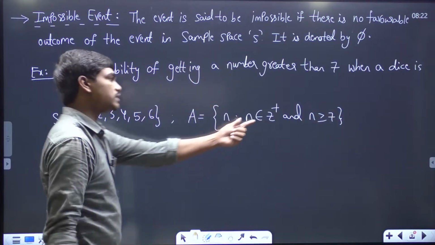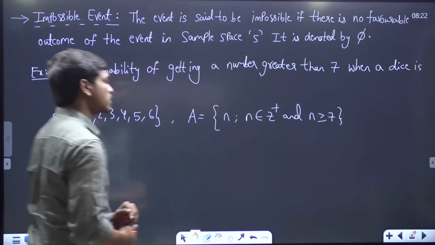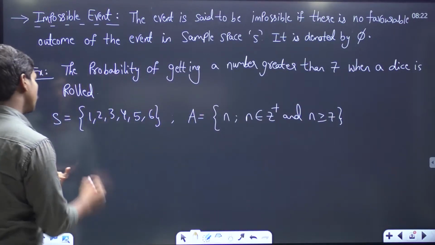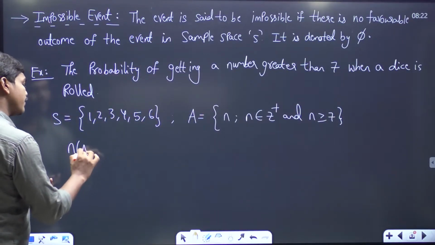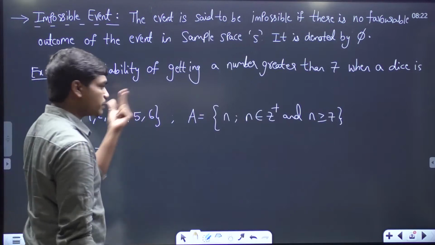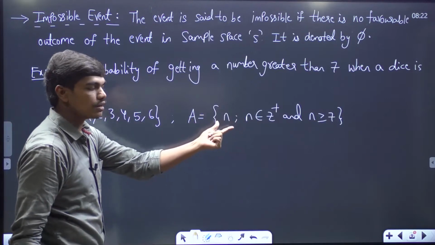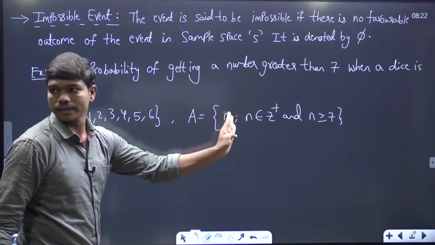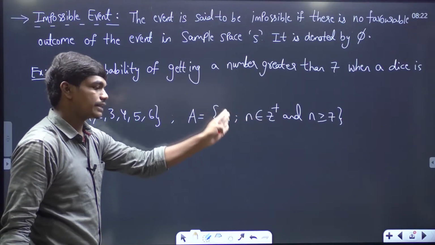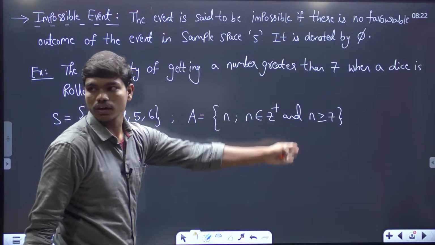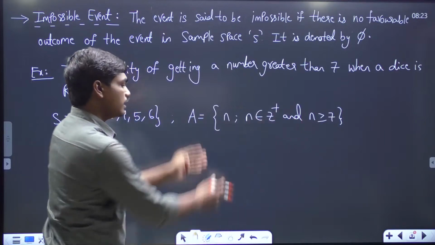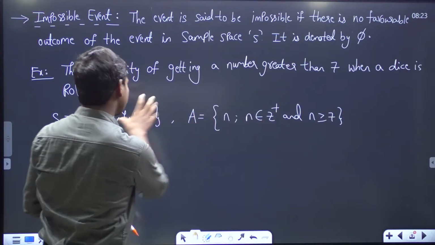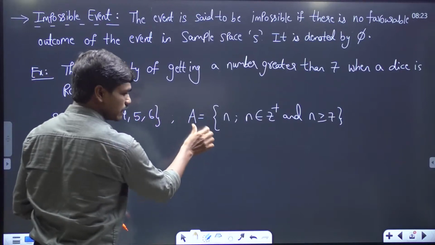So positive integers which are greater than or equal to 7. Now, is there any favorable outcome in this sample space that favors this event A?